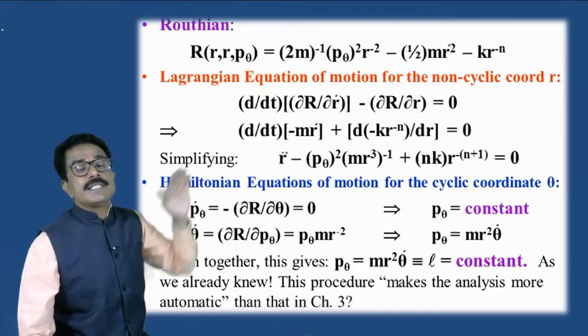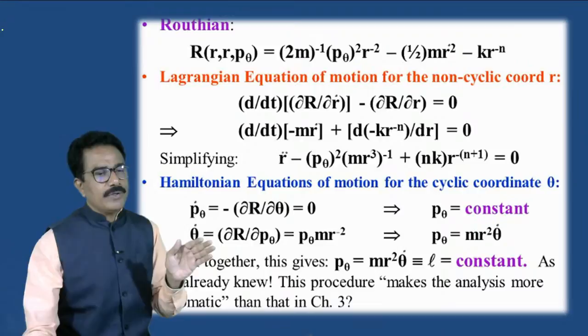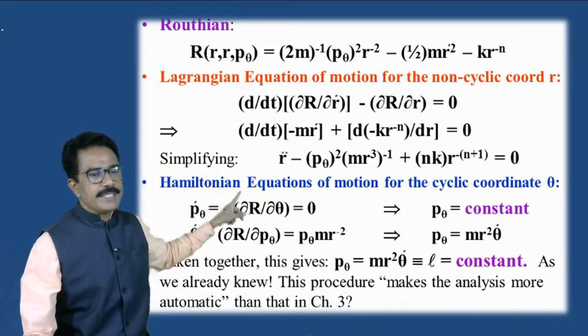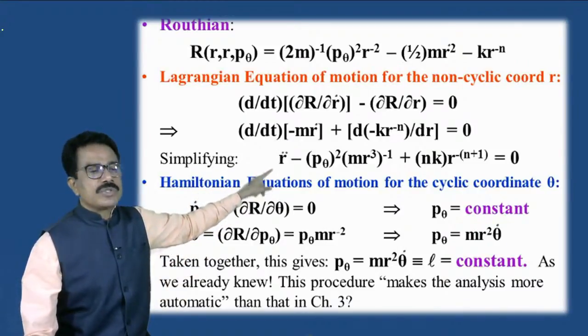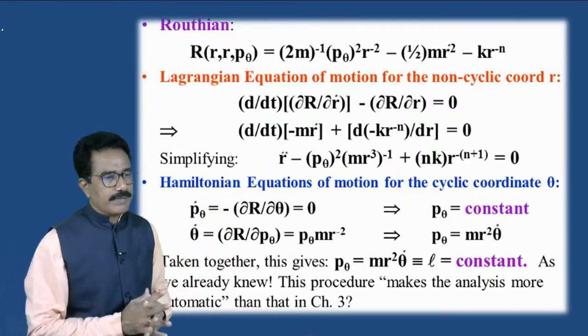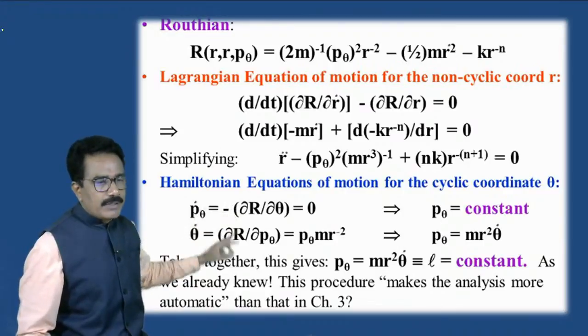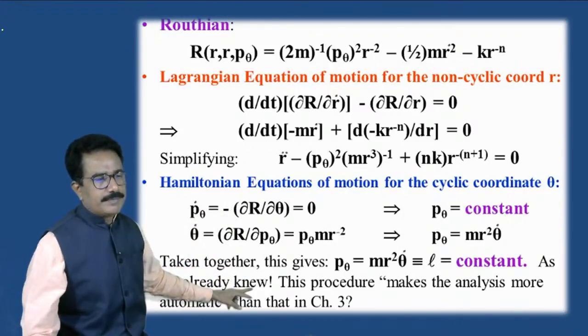This is the Routh's equation of motion, which is obtained from the Lagrange's equation of motion. Similarly, we can find the Hamiltonian equation of motion in this way.